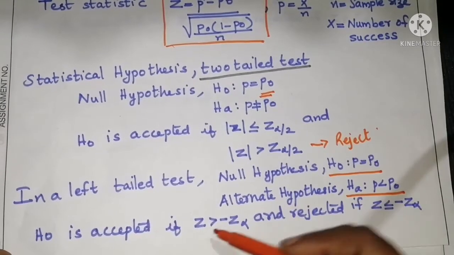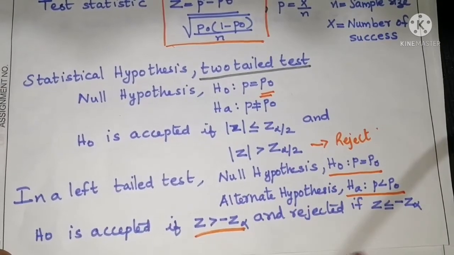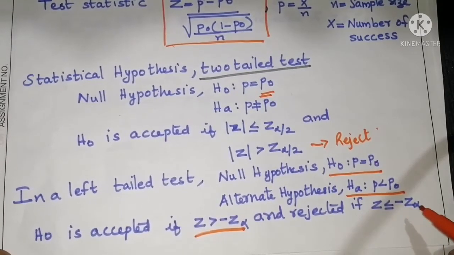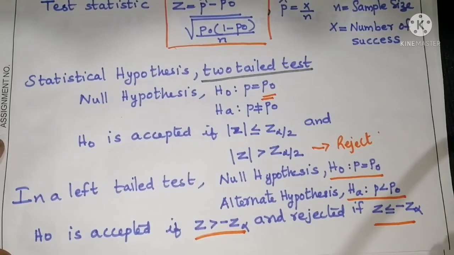H naught is accepted if Z greater than negative Z alpha and rejected if Z less than or equal to negative Z alpha.